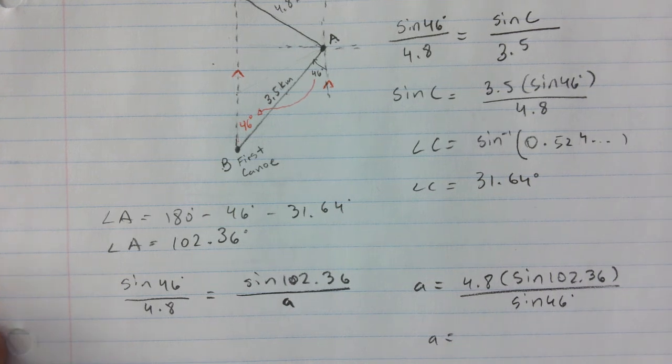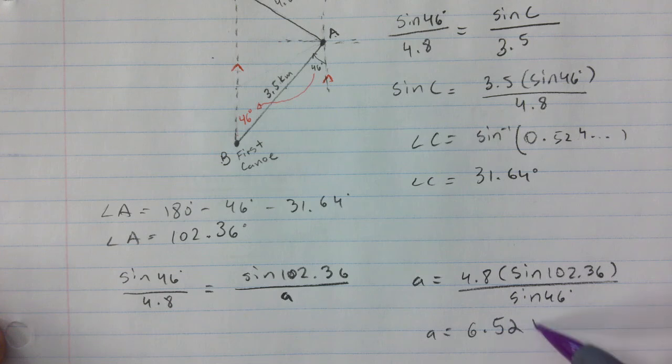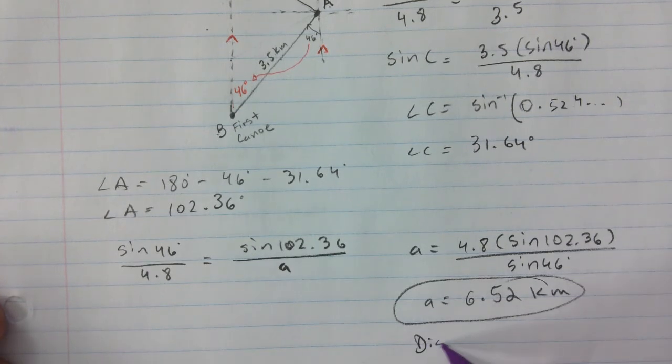And I hope that's the longest side of all of them, right? Because it's supposed to be. 6.52 kilometers, distance between canoes.